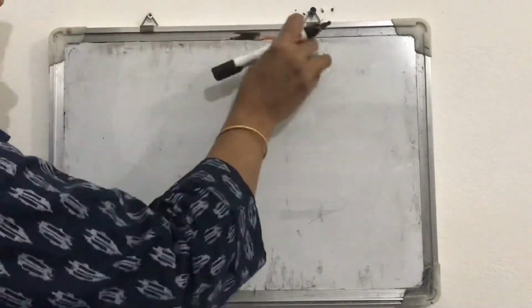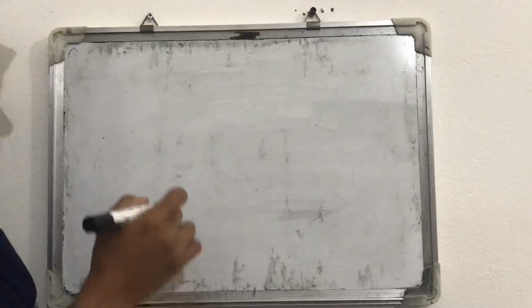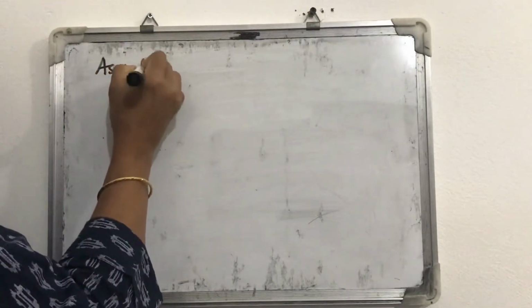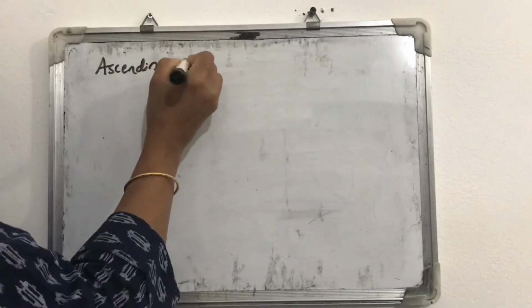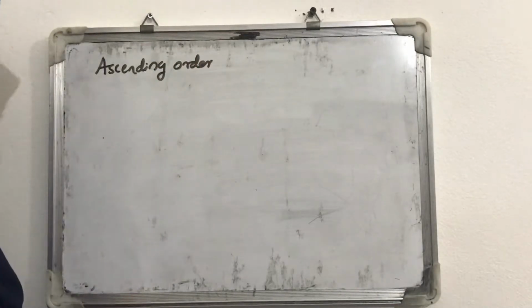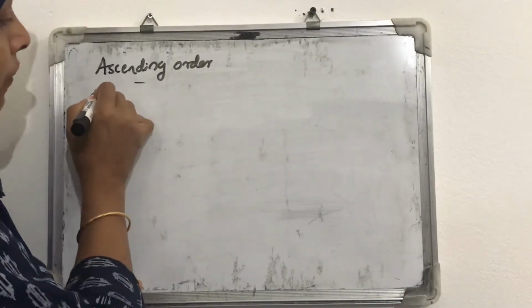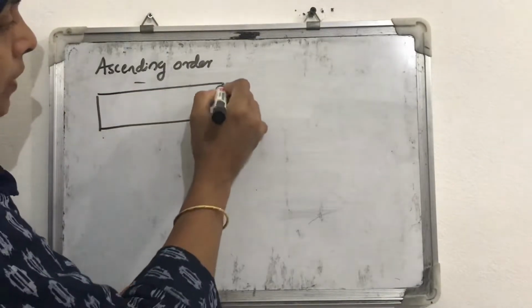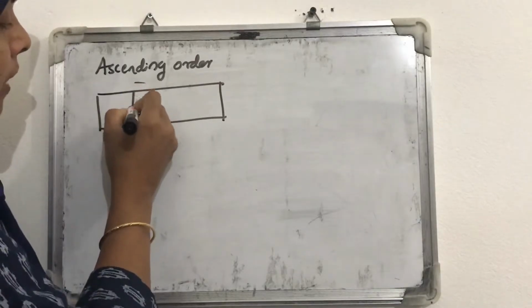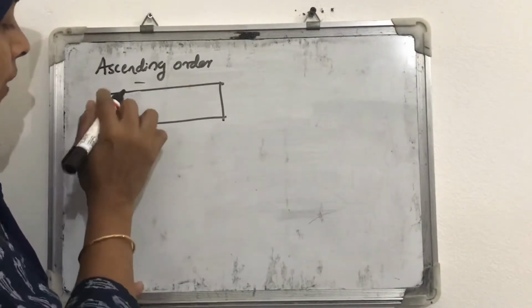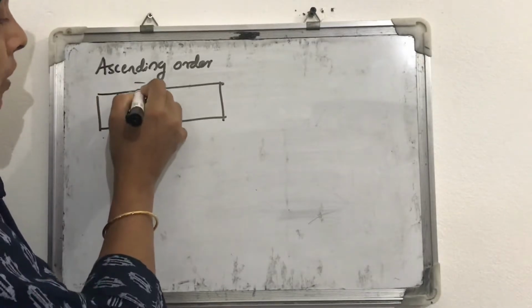Now next we can discuss ascending and descending order of fractions. For that, first we consider a figure, a rectangle. Here I divide this rectangle into 5 equal parts.